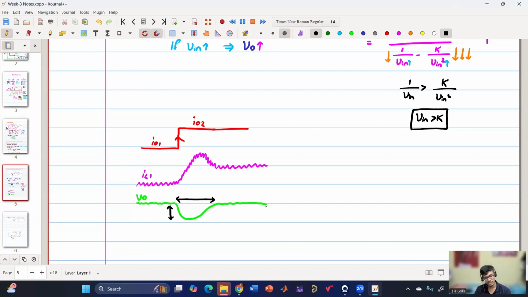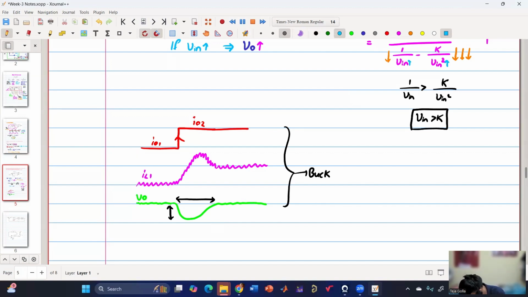So this is equally applicable for both voltage mode control and current mode control: where there is a disturbance in the current, the controller will act and the response will change, so that V0 will see an undershoot and the inductor will undergo some dynamics. But the difference between voltage mode and current mode control is that the shape or the dynamics might be different. In the case of the buck converter for voltage mode control, again we are considering a buck converter.